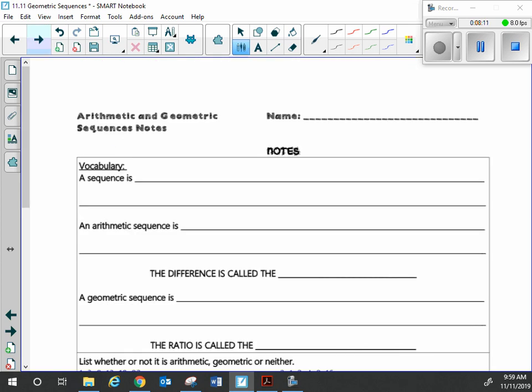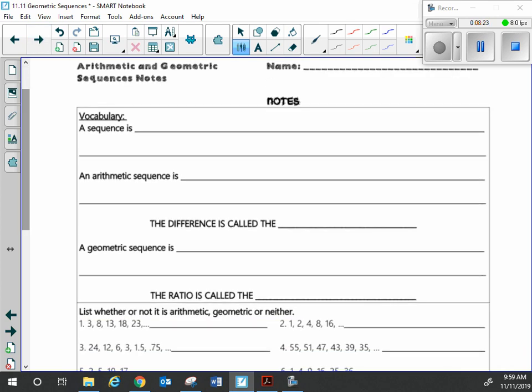We're going to talk about some definitions, and I promise I won't make you write a whole bunch. We're going to take a basic definition and expand on it. So our basic definition: a sequence is a pattern of numbers or values, which a lot of times when you first learned sequences, it was in pictures, but those were still values.